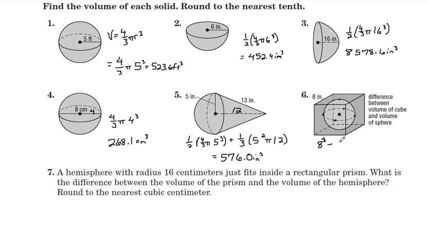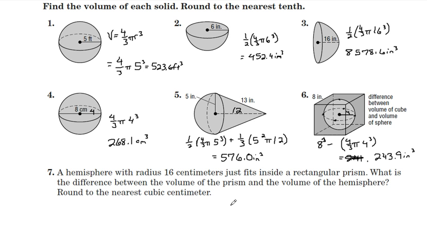And then we need to subtract away from that the volume of the sphere, 4/3 pi times 4 cubed, 4 being the radius, since we know the diameter edge to edge is 8. Calculator yields 243.9. Let's write this again, 243.9 cubic inches.